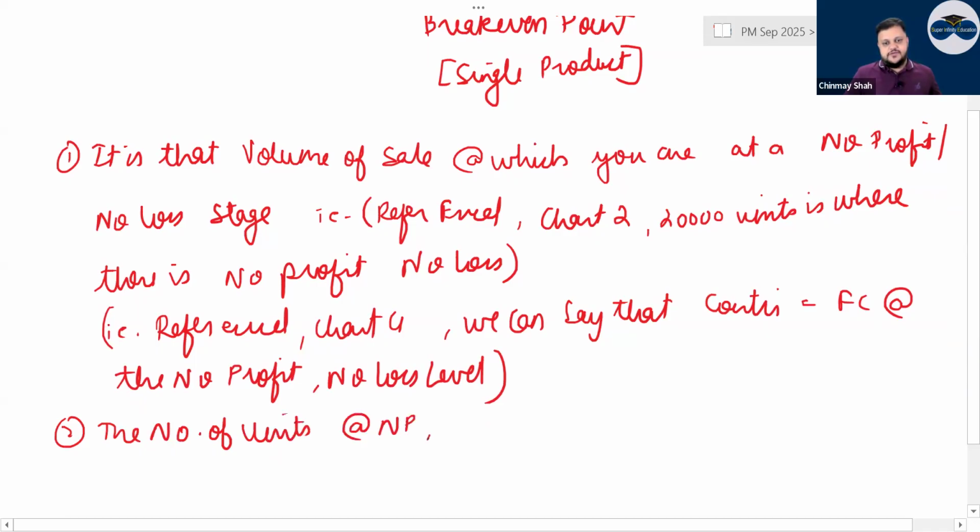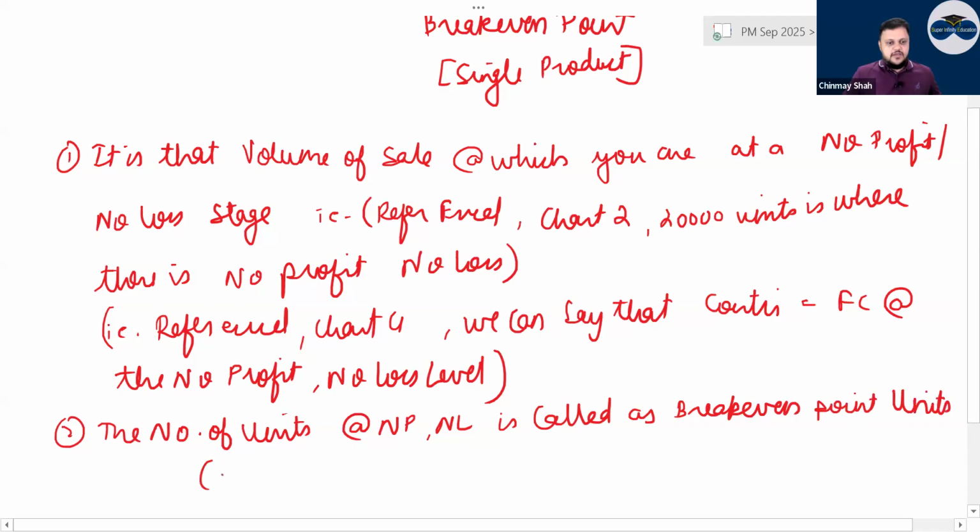Second, the number of units at no profit, no loss is called as what? Break even point. Break even point units. Right? Excel chart 2 and 4.